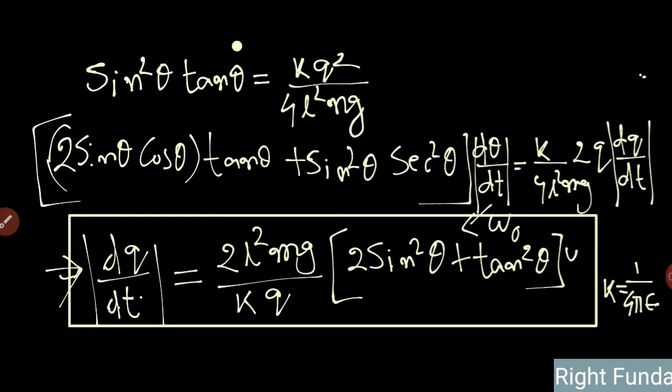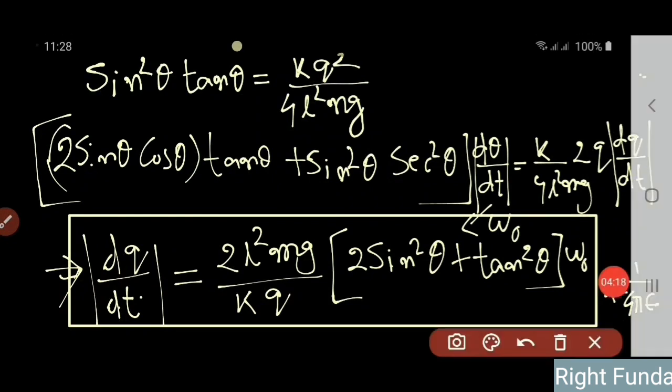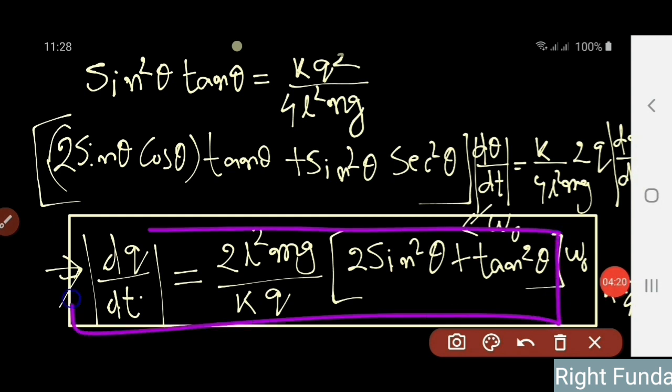Of course this is multiplied by ω0. So this whole expression we got is the value of dq/dt.